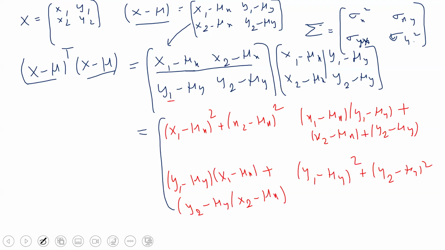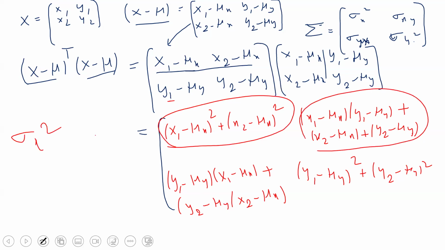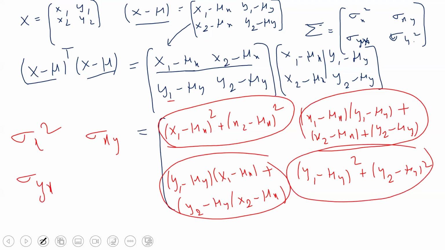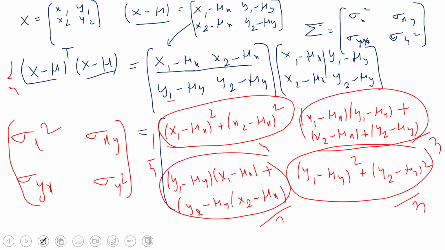Okay, now is this not sigma x square? Is this not sigma xy? Is this not sigma yx? Is this not sigma y square? You can just add 1 by n on both sides if you have to be more precise. Just the denominators will not do anything much.